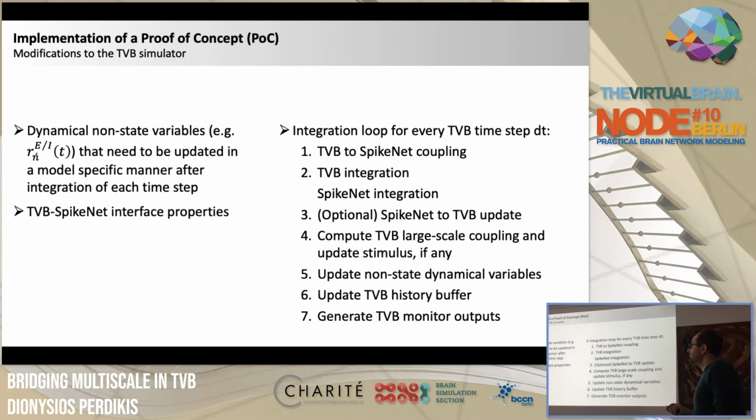But for this implementation, we need to have at least the rates recorded and kept at every time step as a separate entity, both in order to generate spikes, as I showed you, to send them to NEST, as well as for the bidirectional coupling to be updated from NEST when we want to couple both ways.